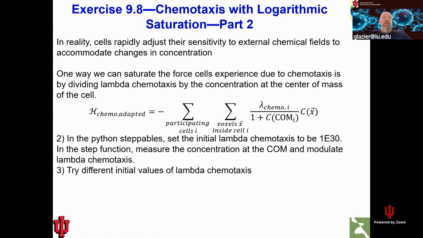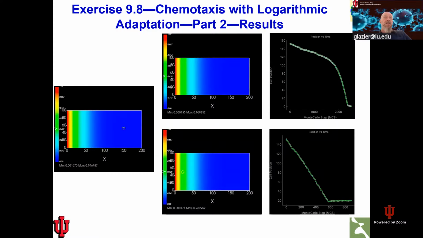And you need the lambda chemo to be much bigger here than you do in the other one. So instead of 1,000, you're going to make it much bigger than that. In this case, with linear chemotaxis, the cell doesn't move, and then it moves too fast. When you do this with logarithmic chemotaxis in an exponential gradient, the movement is at constant speed.